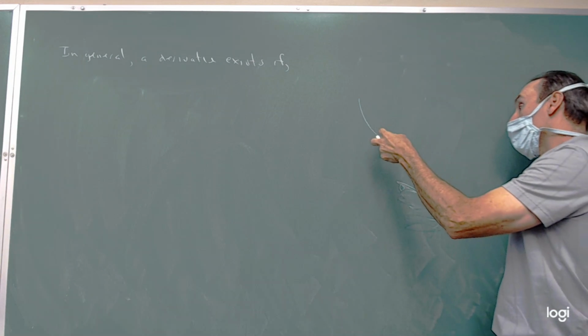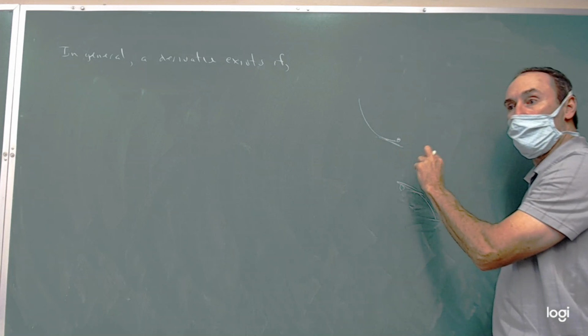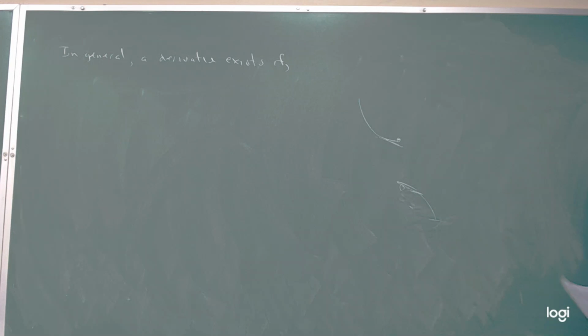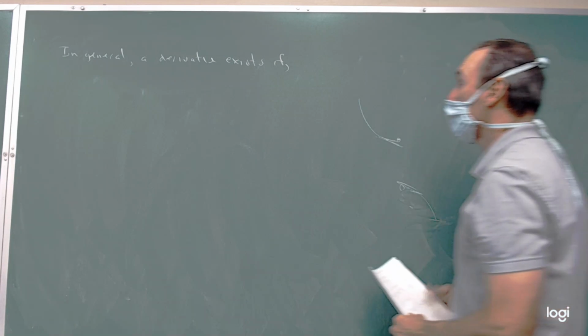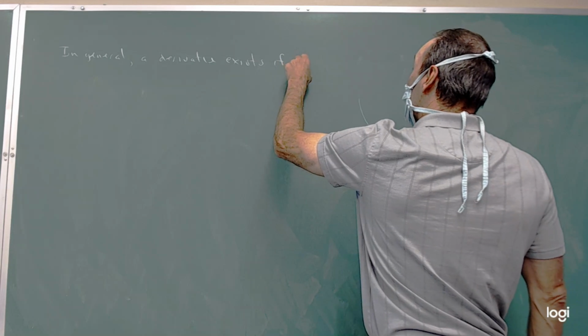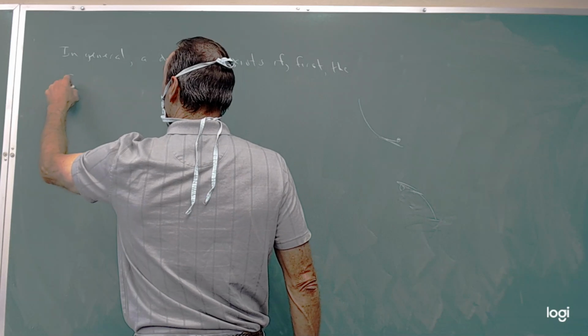So you say, oh, the left-hand derivative is equal to the right-hand derivative. But if they aren't connected, it's already not possible for the derivative to exist. So you have to get continuity first and then look at the left-hand and right-hand derivative. So in general, the derivative exists if, first, the function is continuous.